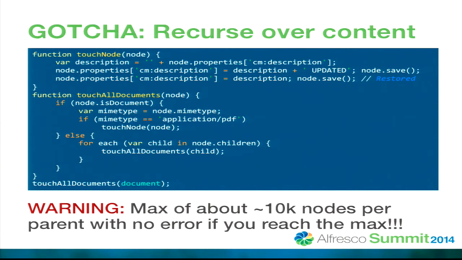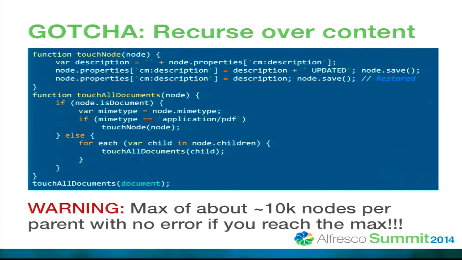It's just a recursive script that goes down. You run the script on the parent folder that you want to process. It'll go all the way down, and it will set a piece of metadata and then unset it. And so it makes two changes, but it'll still only index it one time. This is a really useful tool.